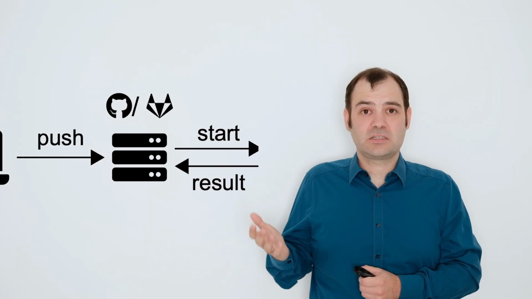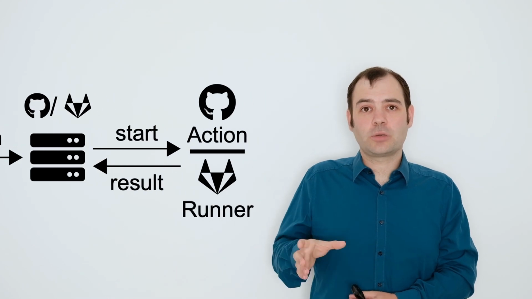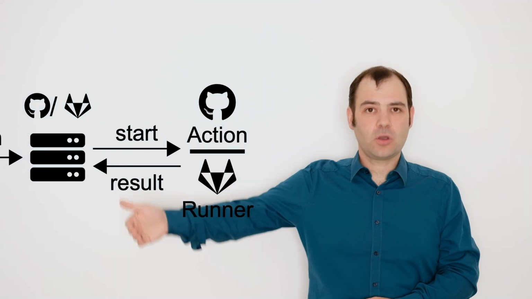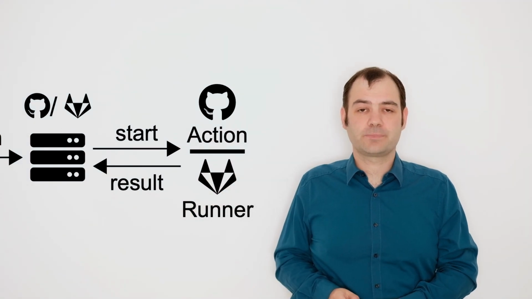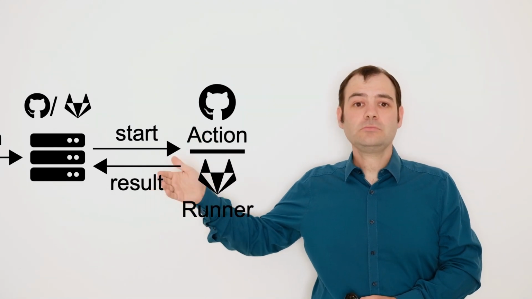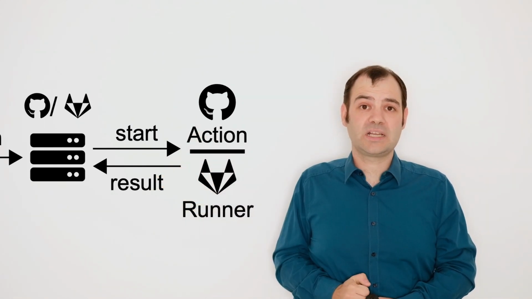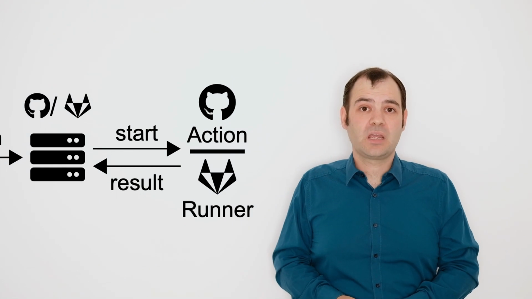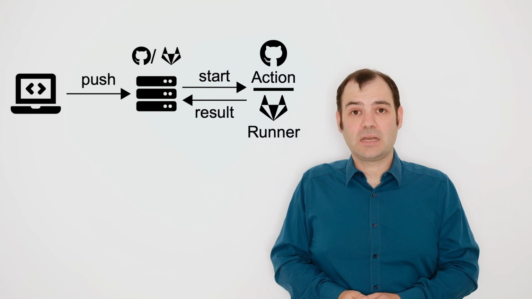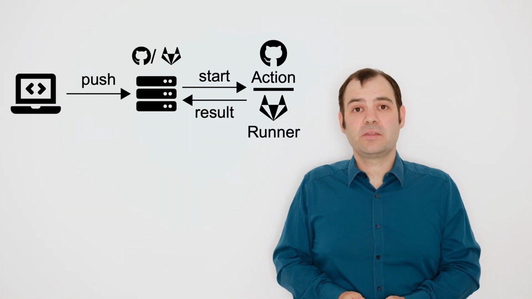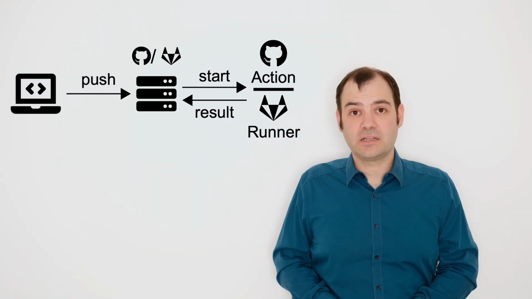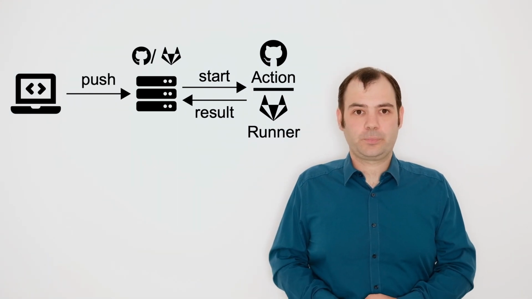And after it detected that, it passes on the jobs to specific runners, GitLab runners or runners for the GitHub Actions. And once these runners finished their job, they will report back the results to the server. And there you can see the results and more afterwards in the web front end of the server. And therefore you can see whether your tests failed or whether they succeeded.